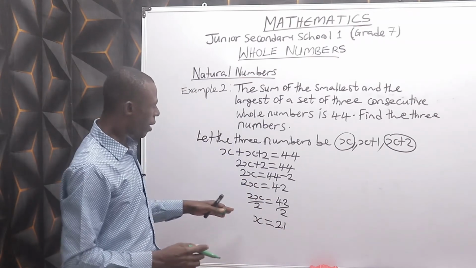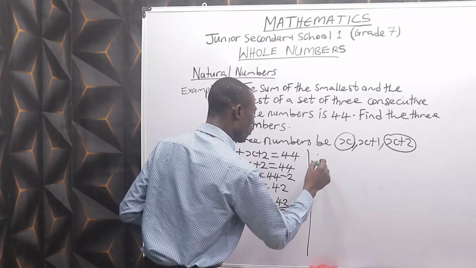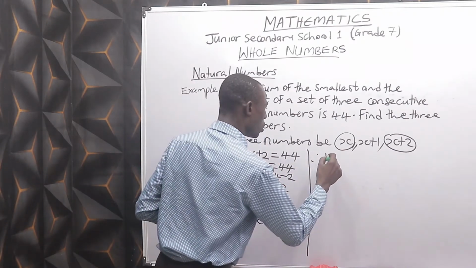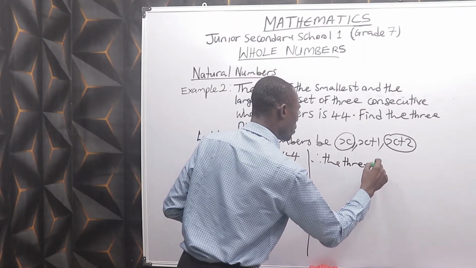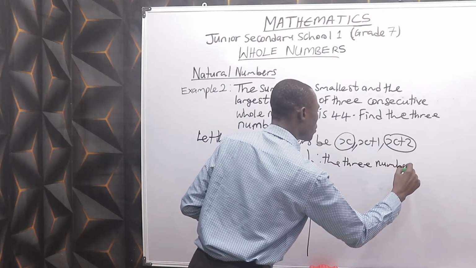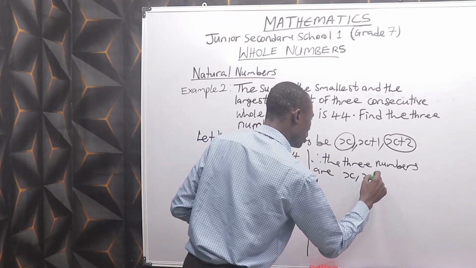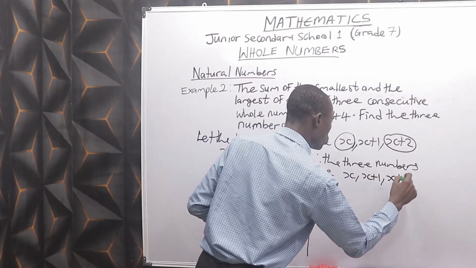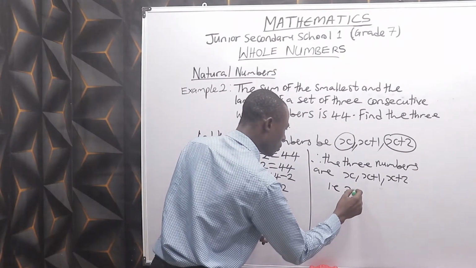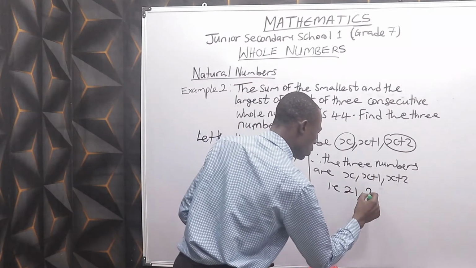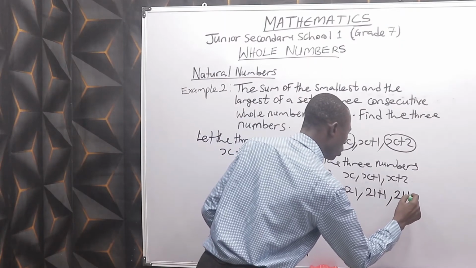If x is equal to 21, we say, therefore, the three numbers are x, x plus 1, x plus 2. That is, x is 21, 21 plus 1, 21 plus 2.